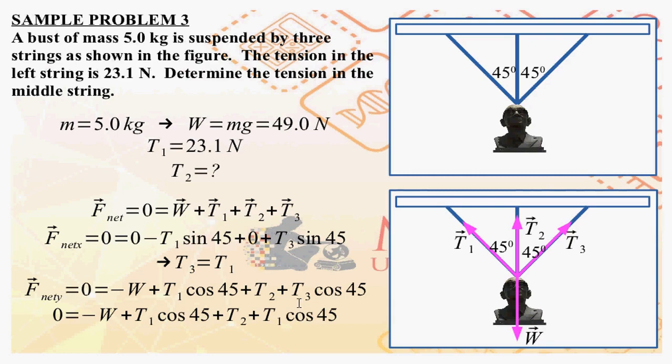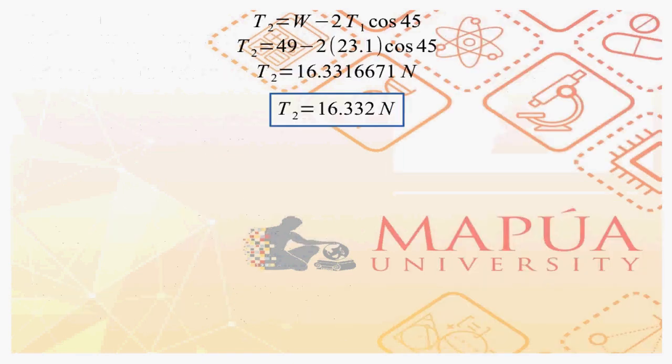T3 is just the same as T1. So, we can replace T3 by T1. So, you have 0 is negative weight plus T1 cosine 45 plus T2 plus T1 cosine 45. Simplifying, we have T2 is equal to W minus 2T1 cosine 45.